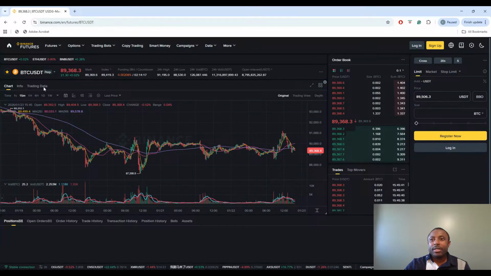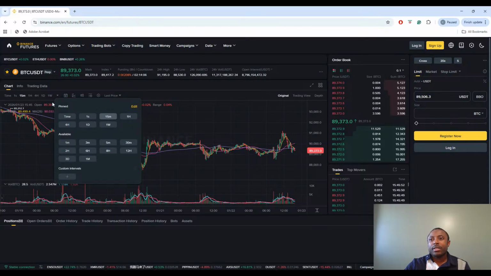If you are following, you go here, you see charts, then here on the chart, you see time. Then you're going to see the time frame here. We have 1 second, 15 minutes, 1 hour, 4 hour, 1 day and 1 week. And you can edit, and also if there is a particular time frame that you want to add, you can actually do it yourself.